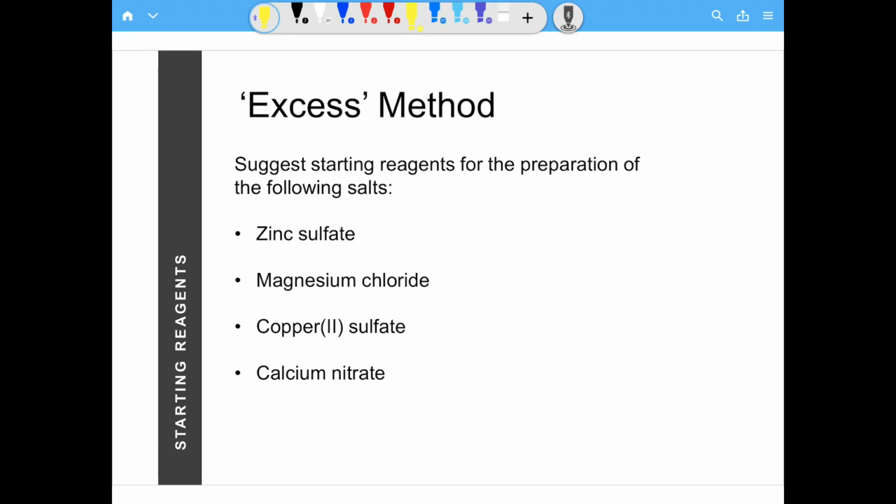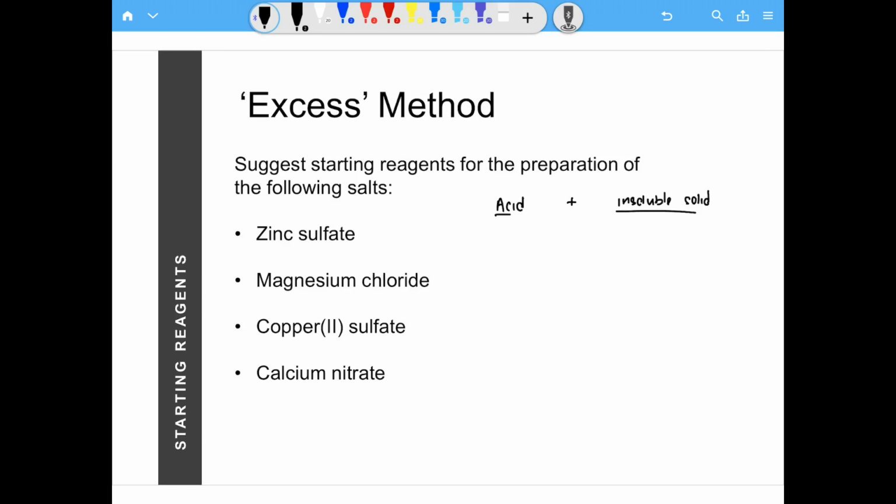The salts here are soluble salts. They are non-sodium salts, so we have to use the excess method to prepare them. We have already established that in the excess method, we need to mix an acid with an insoluble solid.